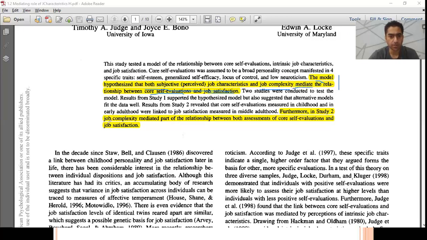Furthermore, job complexity mediated part of the relationship. So what I told you, the direct relationship was already there in the literature. He got some empirical evidences, but what he tried to do, he added two mediators and he got the result according to his assumption or hypothesis.